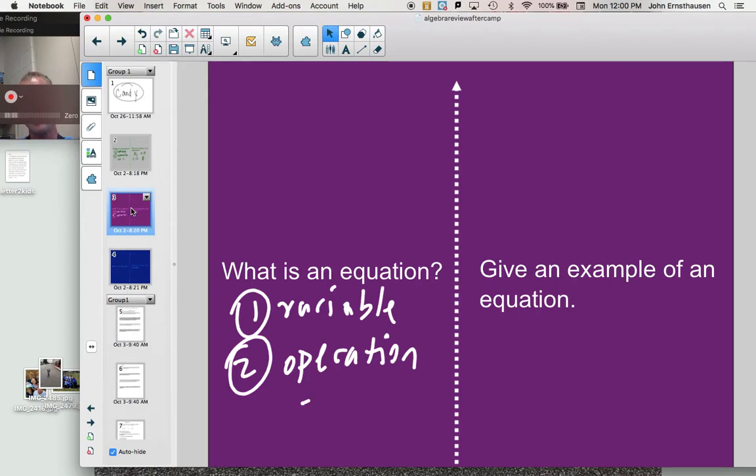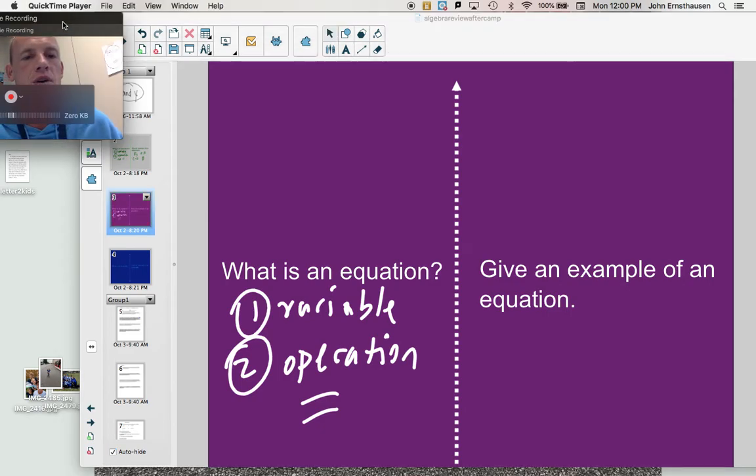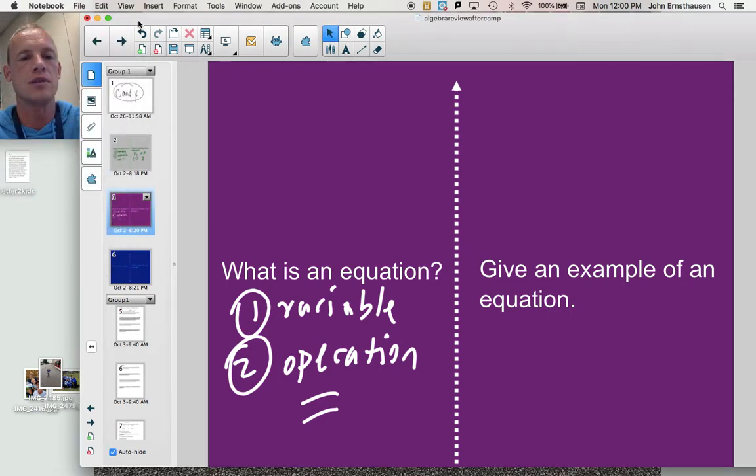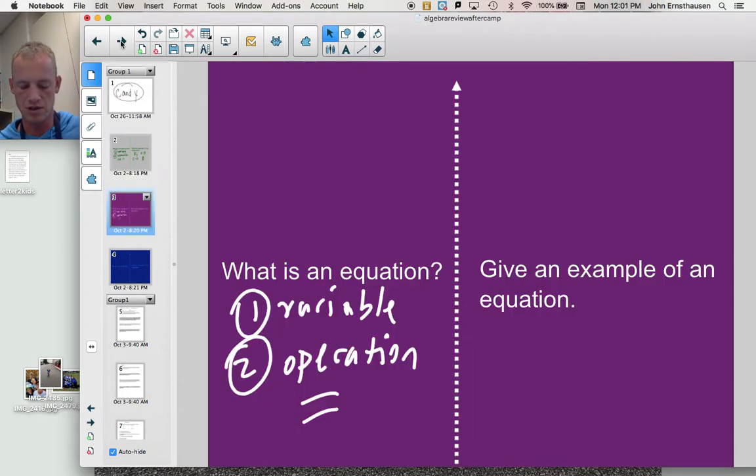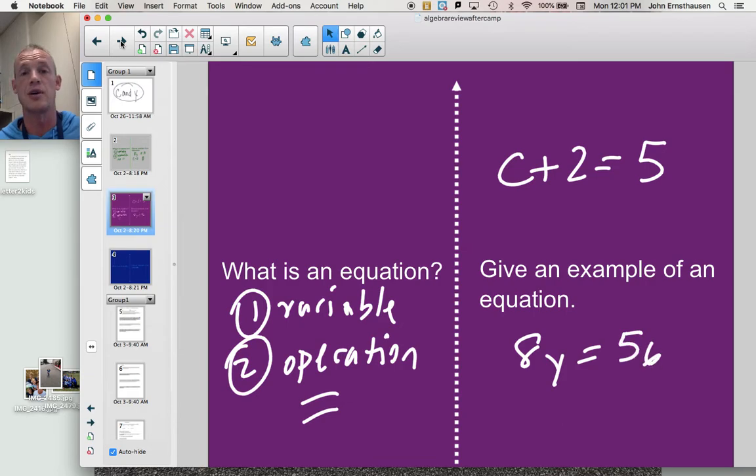Equations have an equal sign. That's the big difference there. So you need to make sure that if it's an equation, there is an equal sign. Expressions do not. So we're talking like c plus 2 equals 5, 8y equals 56.